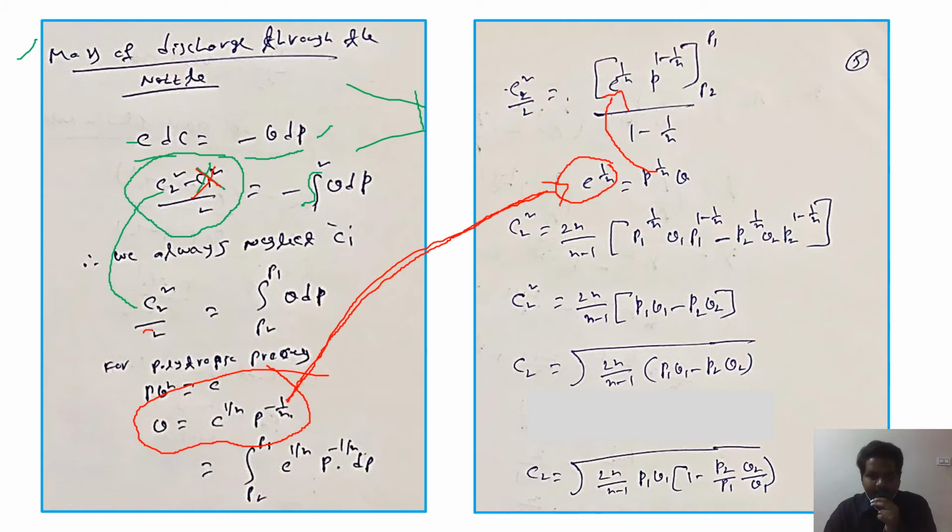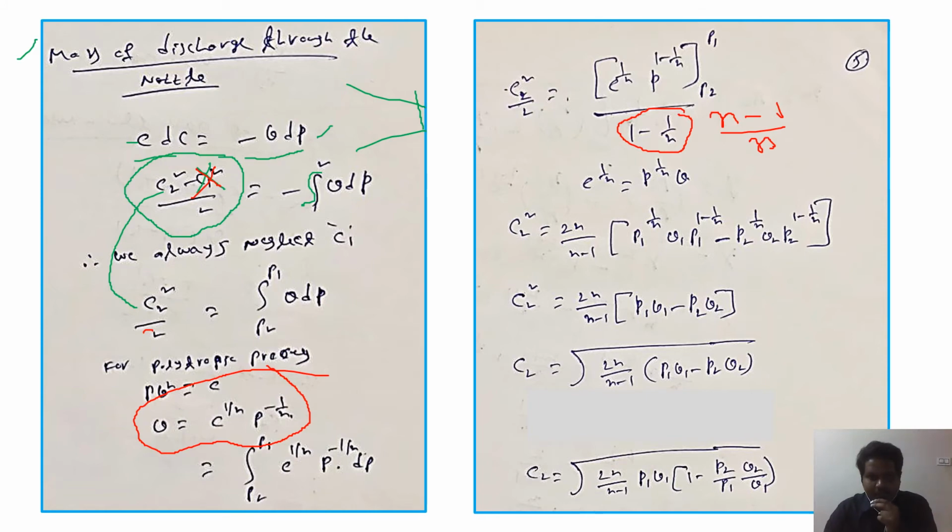In the denominator, 1 minus 1 by n is (n minus 1) by n. So n will go to the numerator, and in the denominator n minus 1 will be there.